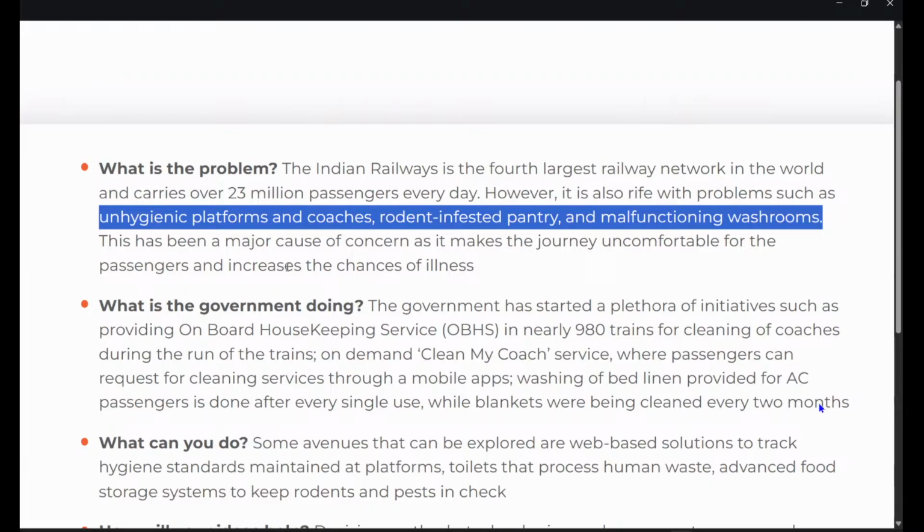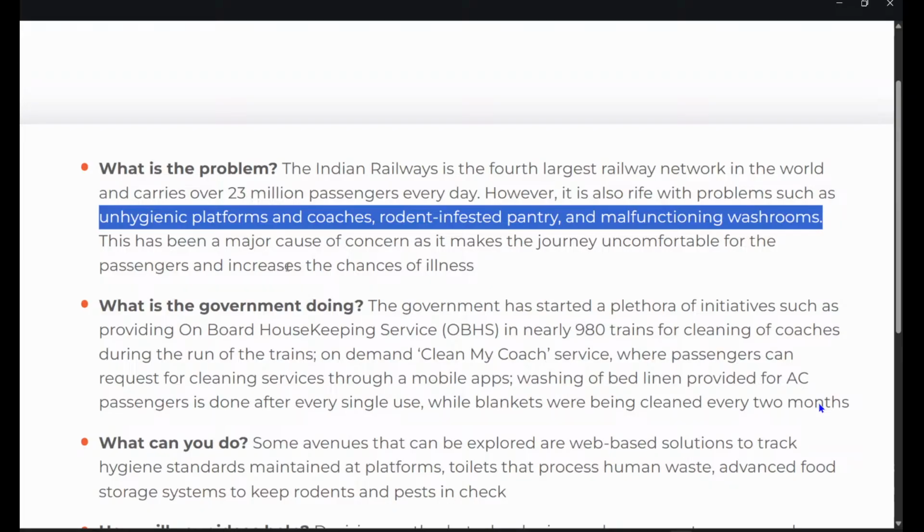It goes and cleans itself and comes back. And let me also add sensors where we can identify the issues and fix them automatically.